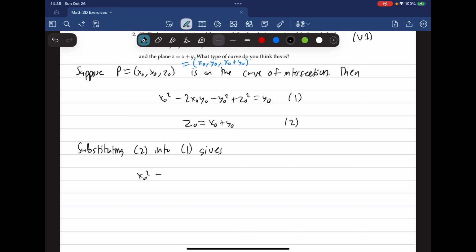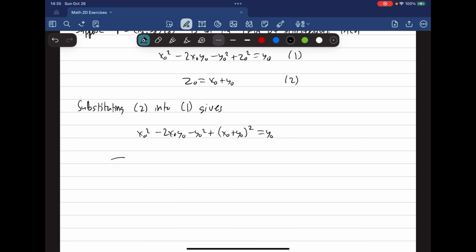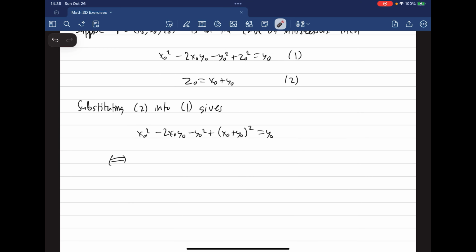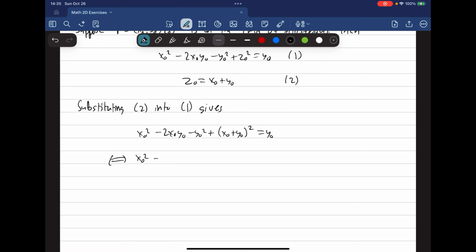We're going to get the same thing, minus y naught squared, but then we plug in our expression for z naught as this right here. This is equal to y naught. If we expand this term right here, this will be the same thing plus x naught squared plus 2x naught y naught plus y naught squared.